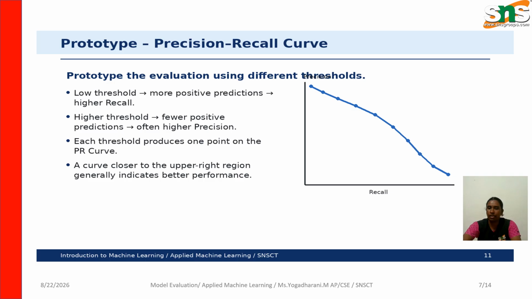If we make the model less strict, we may identify more actual positive cases, so recall may increase, but we may also produce more false positives. Here precision may decrease. A small trick: precision means how correct are my positive predictions. Recall means how many actual positives did I find.